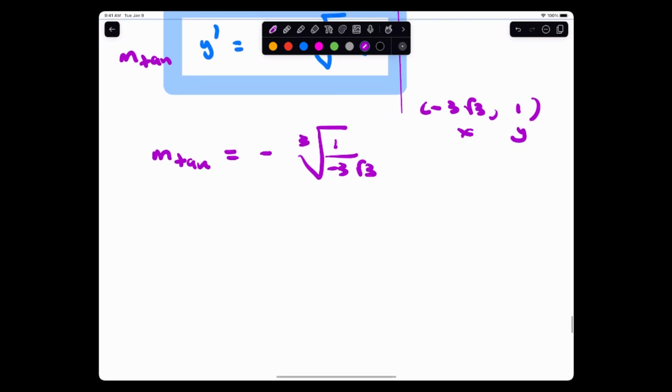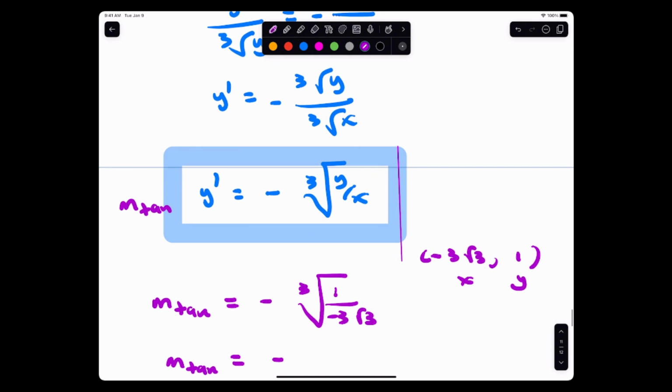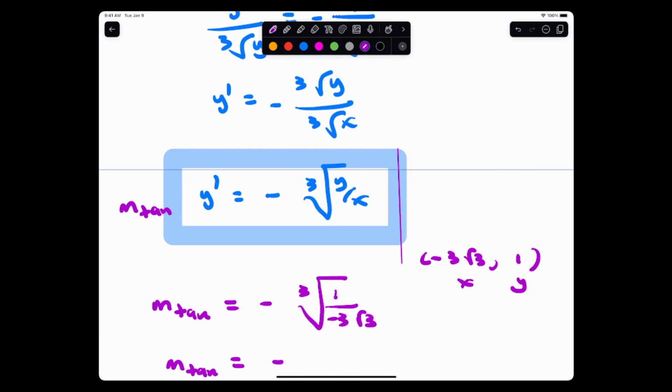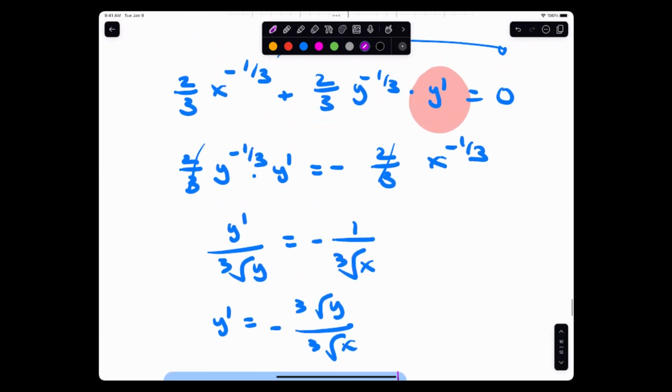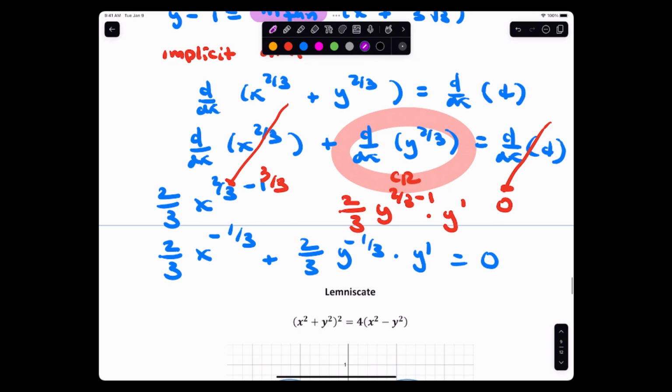Anyway, m tangent. Okay, what's that going to be? I should have left it the way it was. Oh, did I make a mistake? No. I think we're good. Okay. 1, here's what? Negative 3, what? Cube root of 3? Let's double check.